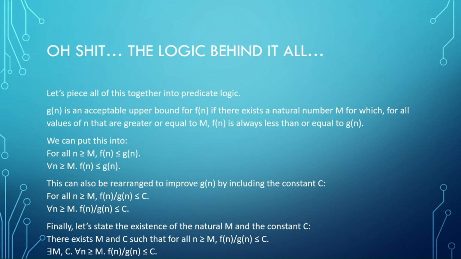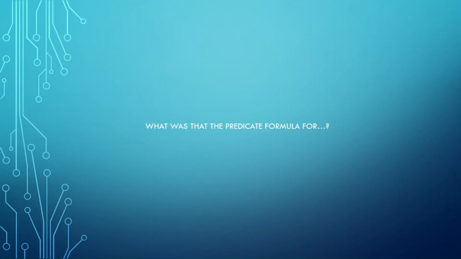Let's state the existence of the natural m and the constant c. There exists m and c such that for all n greater than or equal to m, f of n over g of n is less than or equal to c. So this is the complete structure for the predicate formula for, what was that the predicate formula for?